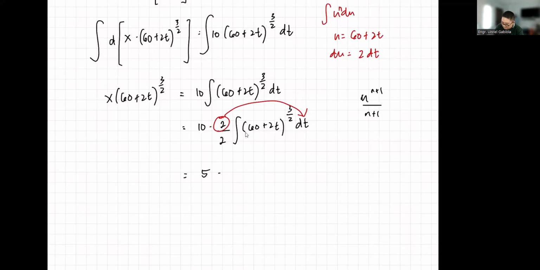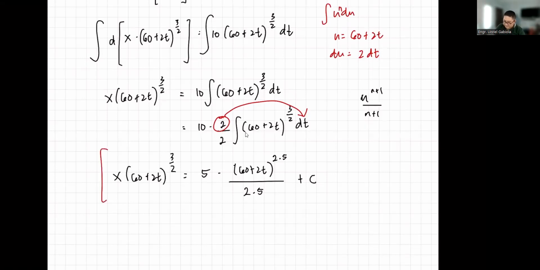So multiplied by 60 plus 2t. So 3 halves plus 1 is ilan? 2.5. No? Or 1.5 plus 1 is 2.5. So over 2.5 plus C. So x times 60 plus 2t raised to 3 halves. Okay? Simplify.